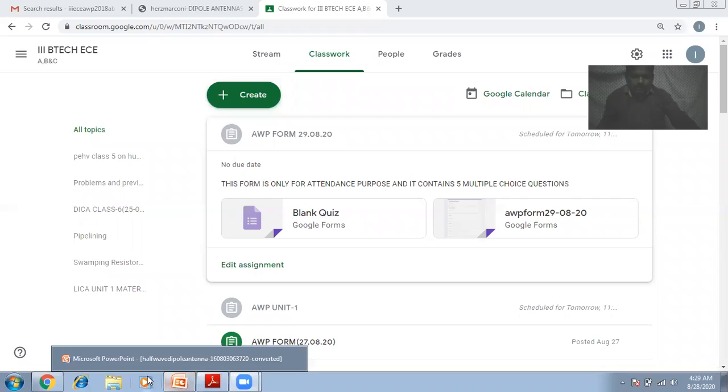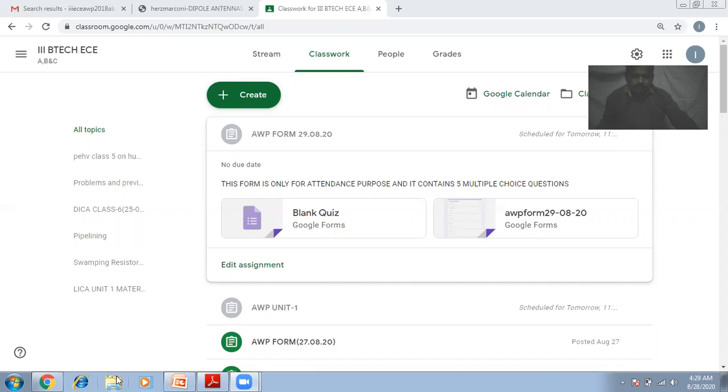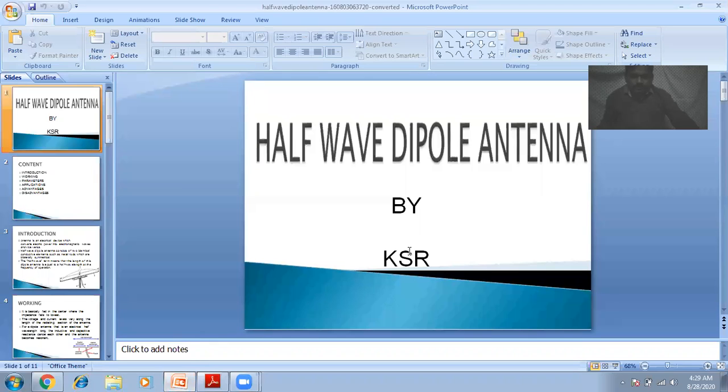I will share the screen now. So, half-wave dipole antenna.